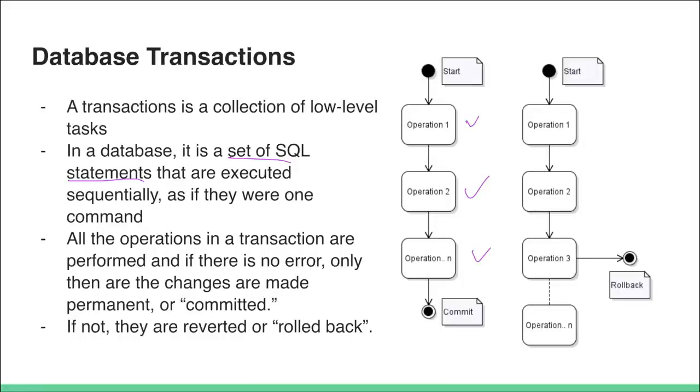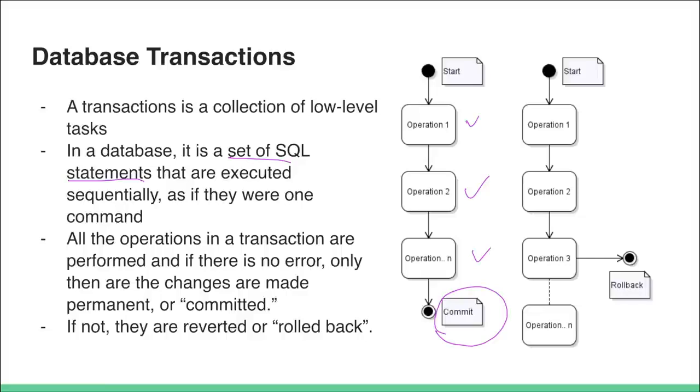So in some ways, you could say we're making temporary changes to the database. We're just putting in all the pieces in order to be able to make a permanent change. But we don't actually make a change until we commit all of the temporary changes that we made or that we've planned.